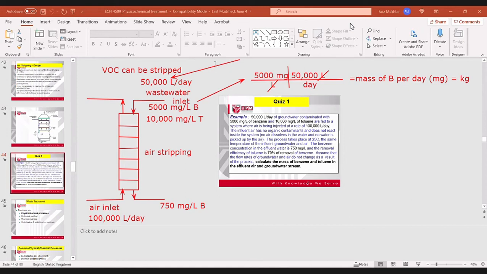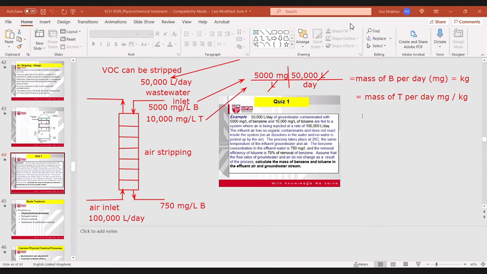Do that similarly for toluene. 10,000 milligram per liter multiplied with 50,000 liter per day, you will get the mass of toluene per day. Remember, you can calculate either in milligram or kilogram.